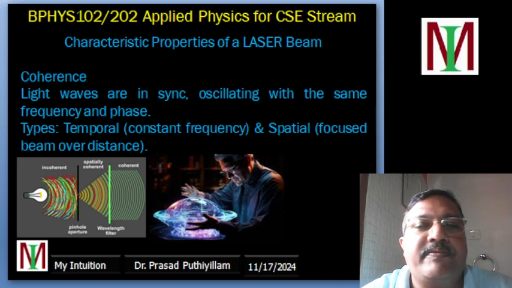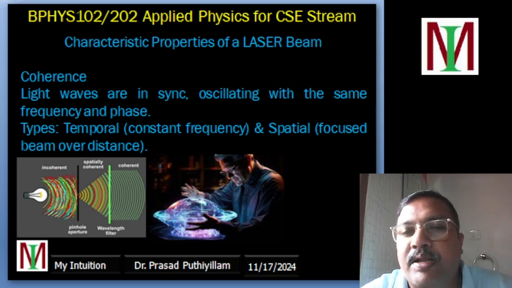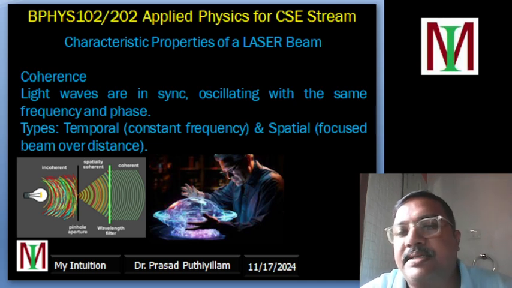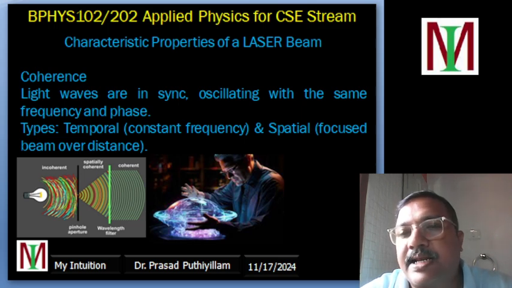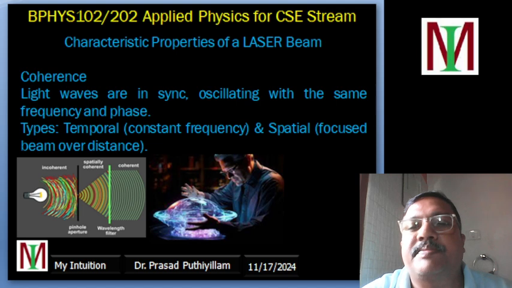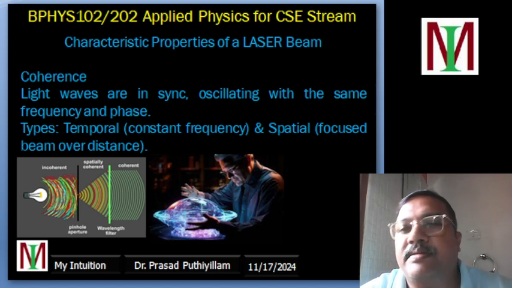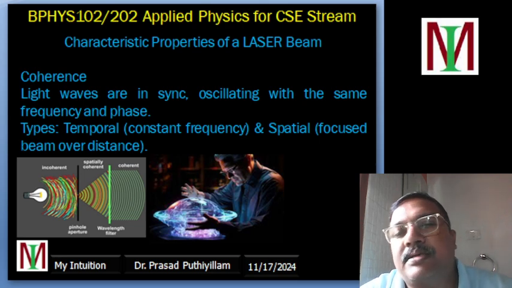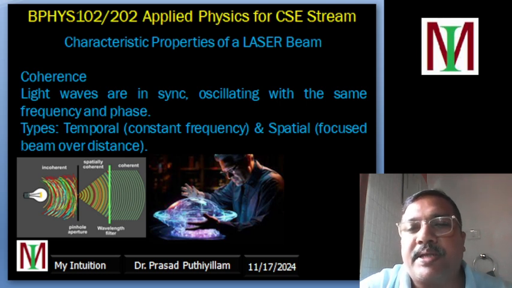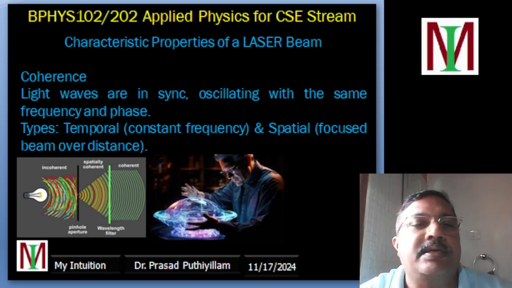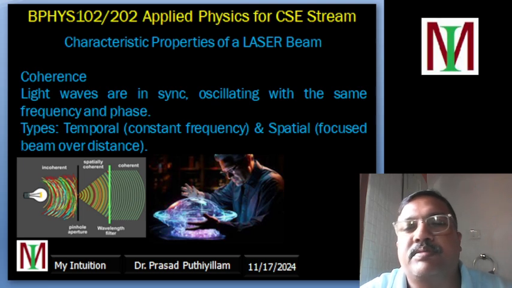The primary difference between regular light and laser light is that laser light is special: it is highly coherent, it is monochromatic, and it is very intense. This unique set of properties makes laser stand out in comparison to ordinary light sources like incandescent bulbs or the light from the sun.